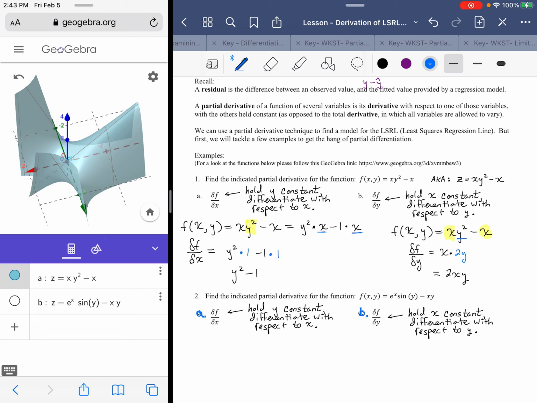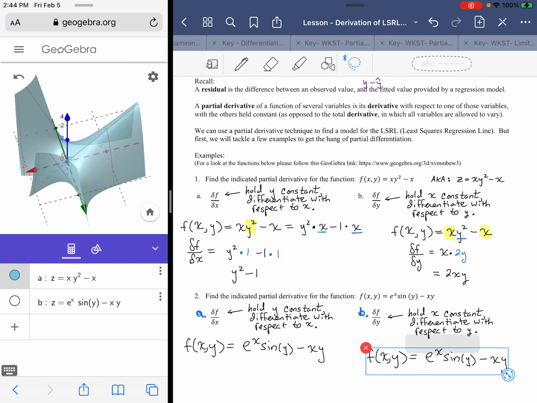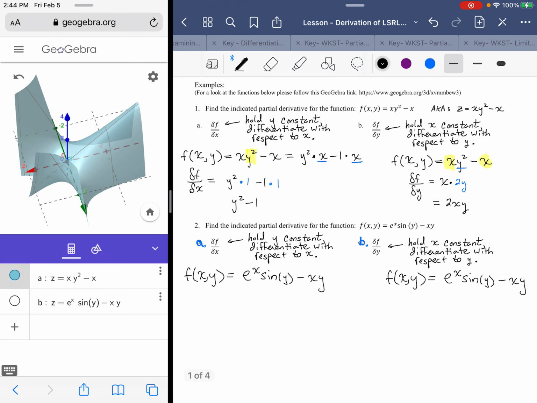I'm going to rewrite the function so I have something to highlight: e to the x sine of y minus xy. I'll write it twice. Now for the one on the left, I'm differentiating again with respect to x.